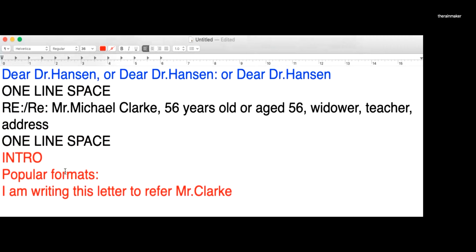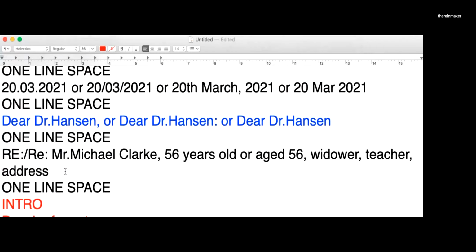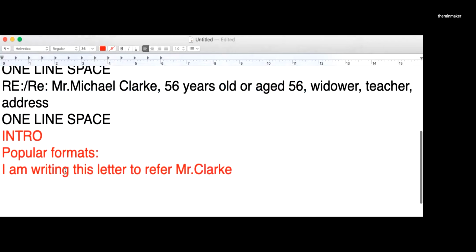I have removed the patient's given name. So once the full name has been specified at the top, you don't need to give the full name again. We just use the surname or the family name throughout the letter. So we have taken Mr. from the RE part and Clark from the RE part as well.